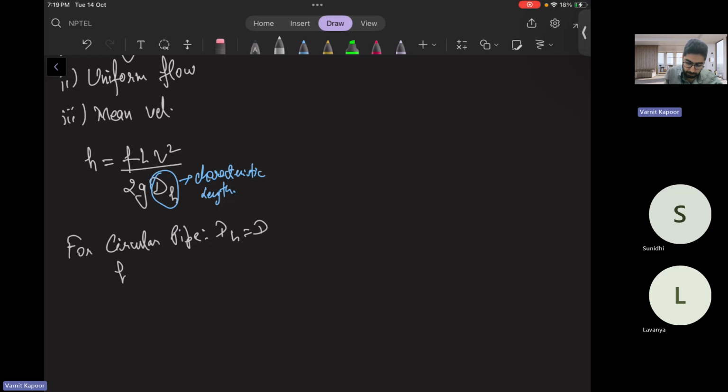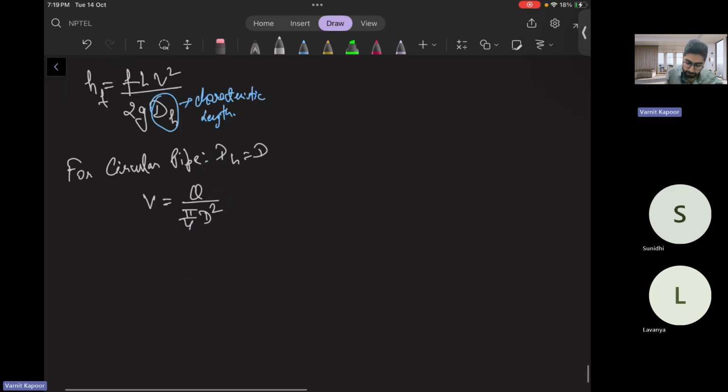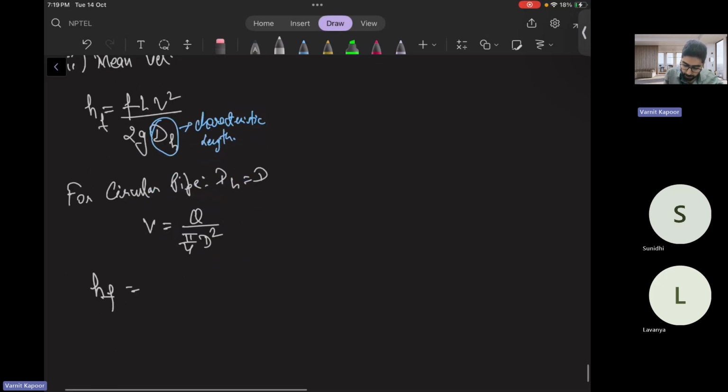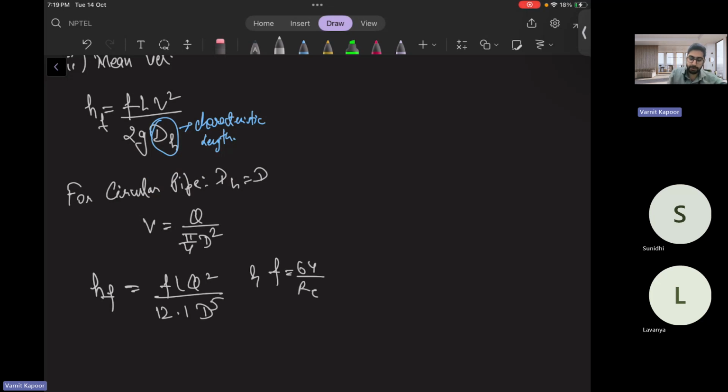So h will be hf. Hf is nothing but flv square by 2gd, and also we know that Q is equal to AV, so Q will be pi by 4 d square times V. If you put in the above relation, hf will be flQ square by 12.1 d to the power of 5. Always remember this. And f is 64 by Re for the laminar flow scenario.